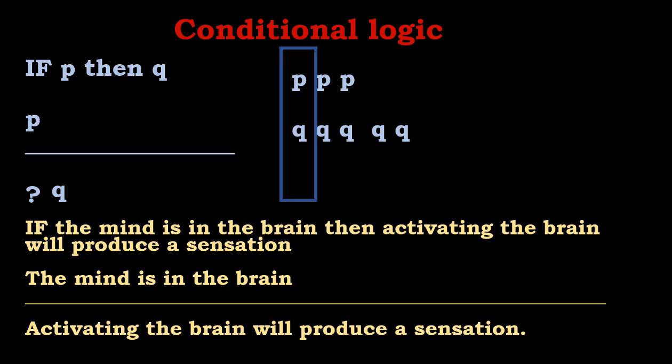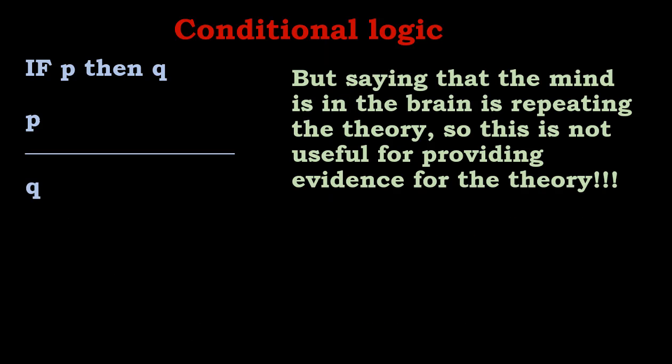So what we do is to go to the brain, activate it, and see whether the sensation was produced or not. Okay, so this valid argument is not useful for scientists, because yes, it produces a necessary conclusion, but we are just affirming the theory without doing any science.